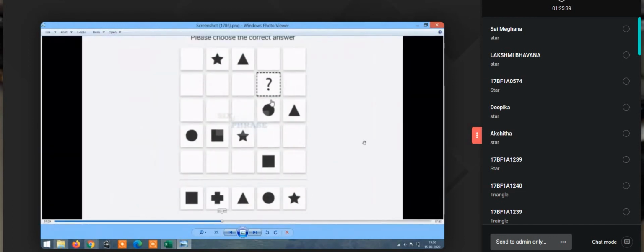Take a screenshot of the second one. Five more seconds.